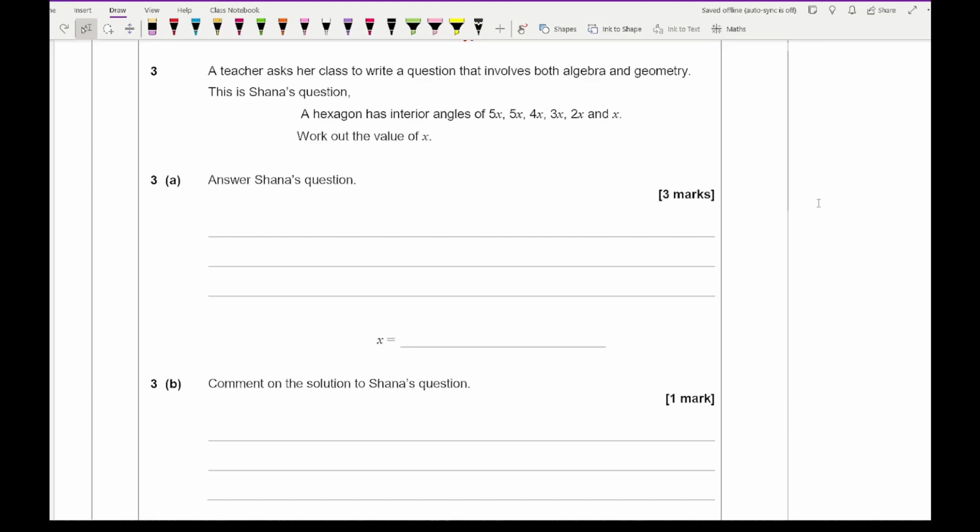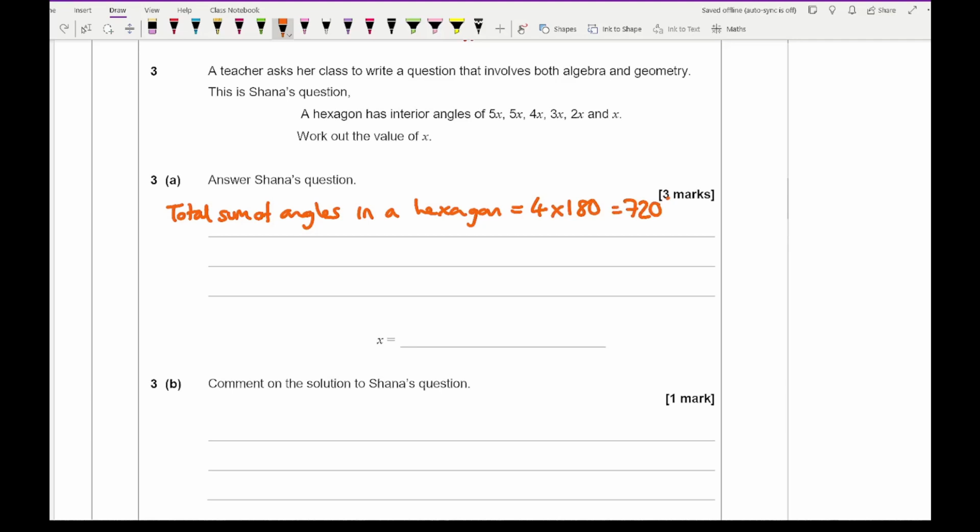Answer Shanana's question. So first of all, we know it's a hexagon, so we know that the total sum of angles in a hexagon is going to be the number of internal triangles, which is 4, times 180, which is 720.